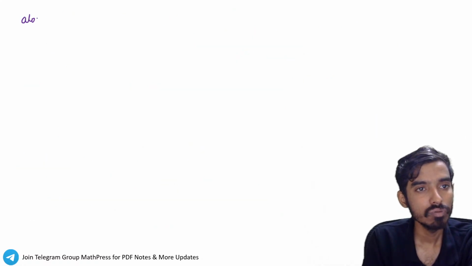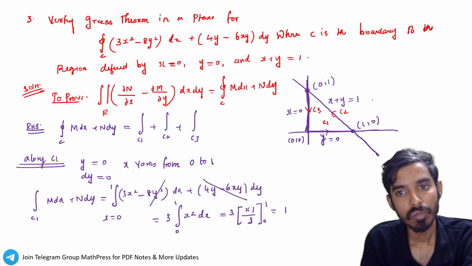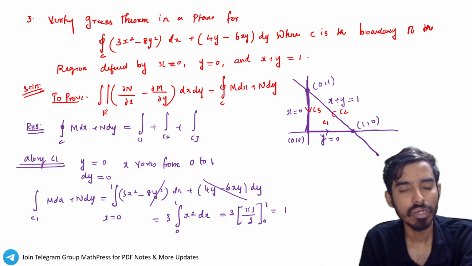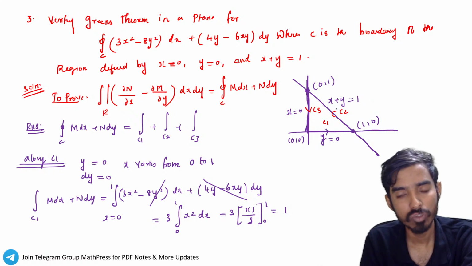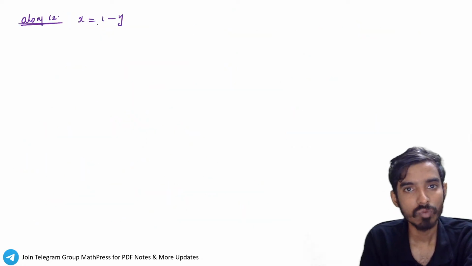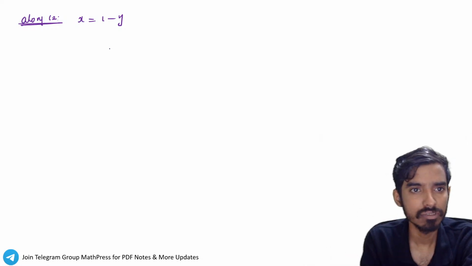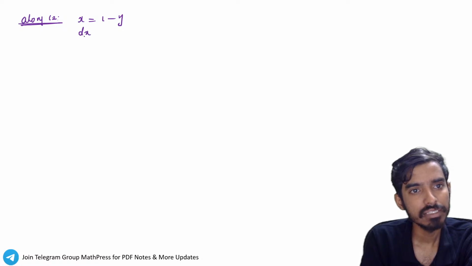Now along C2, you can treat y varies from 1 to x, or x is equal to 1 minus y. That is your wish. So along C2, let x be equal to 1 minus y. I'm converting everything in terms of y. Or you can also convert everything in terms of x. So what is dx by dy?